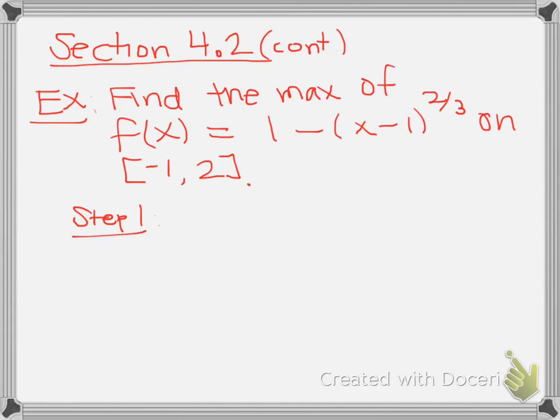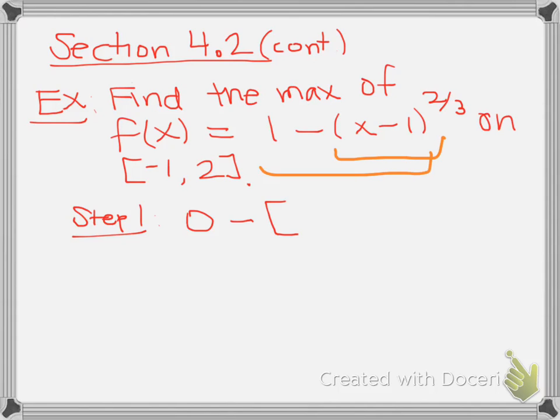So that means we have to take the derivative of our function and set it equal to 0. So looking at this function right here, we have 1, and the derivative of 1 is just what? 0, right? So 0 minus, and then I'm going to use brackets or big parentheses, the derivative of x minus 1 to the 2/3, that's actually, we're going to be using chain rule, right?